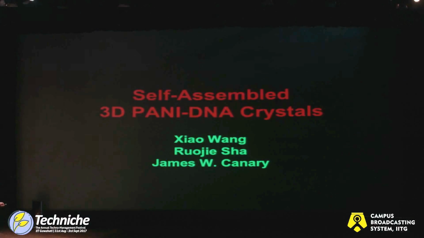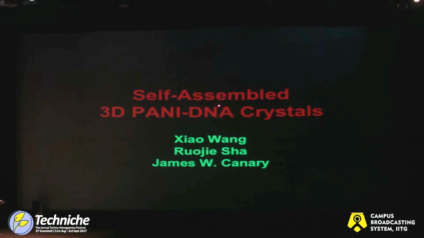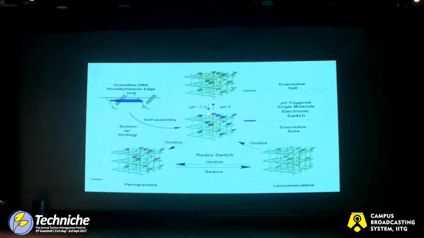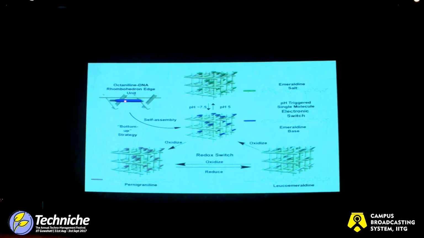Another thing that we've done is my colleague Jim Canary and his student Xiao Wang, along with Ruji Shah from my lab, have self-assembled 3D polyaniline crystals. This is a semiconductor. And we've connected the polyaniline to pieces of DNA on each end, and they connect to two triangles.